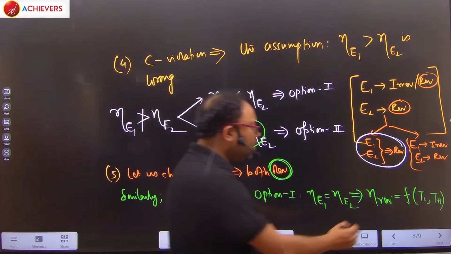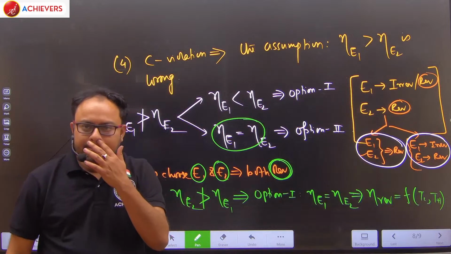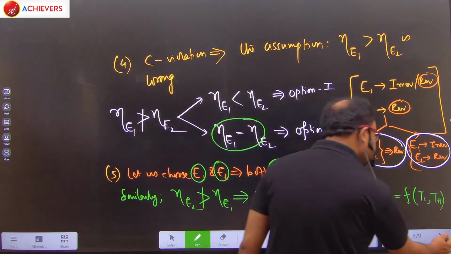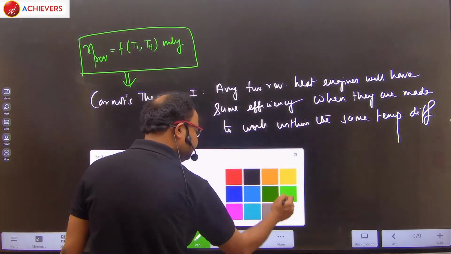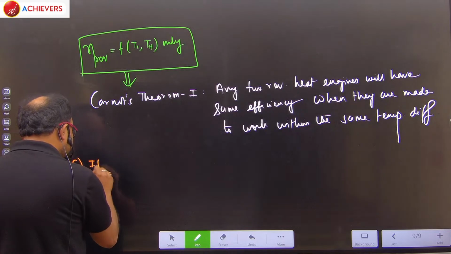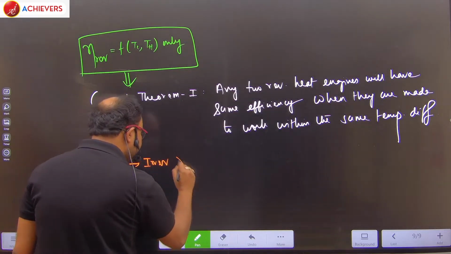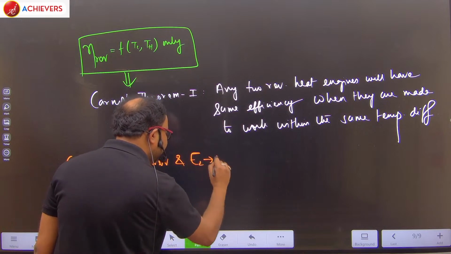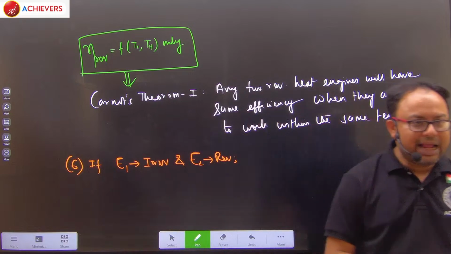Now let us move on to this option, point number 6. If E1 is irreversible and E2 is reversible, then what will happen?